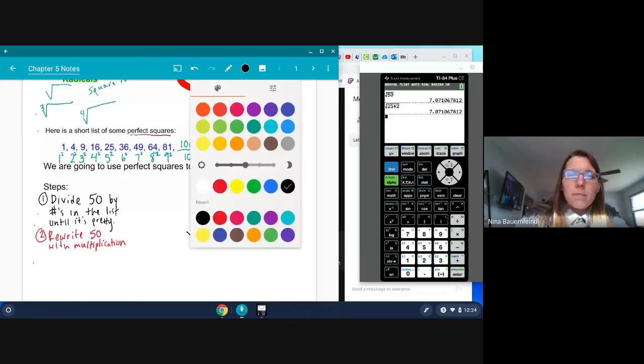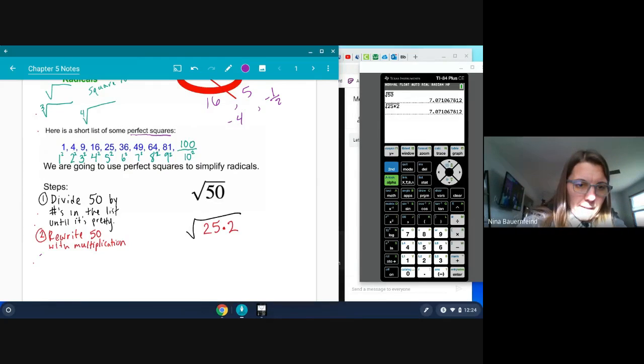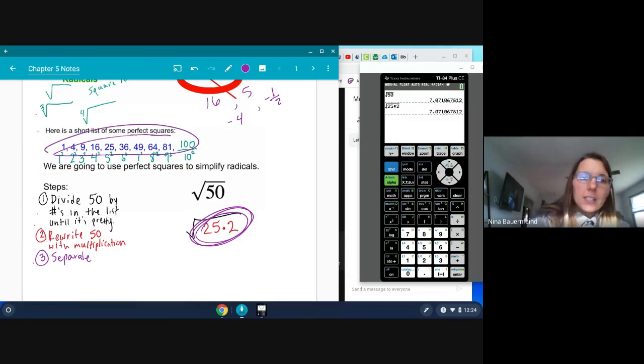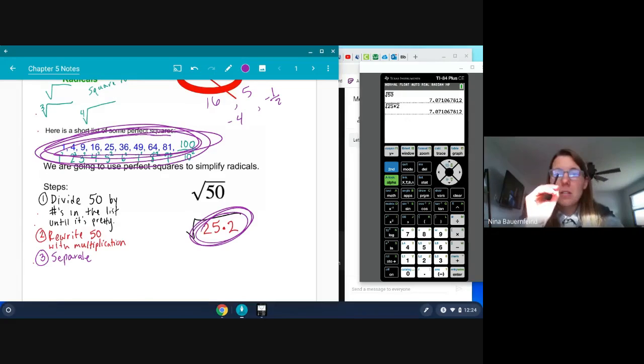Step 3 is to separate. The reason we do this is we're looking for one of these two numbers to be in this list. It has to be. That's the whole purpose of having that list of numbers.